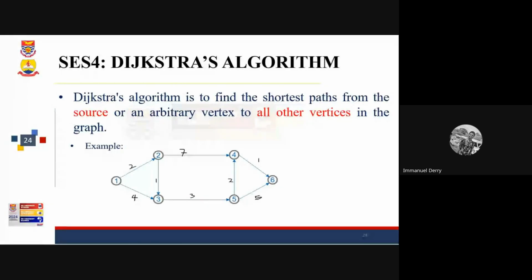Given all these vertices in here, which path is going to be the least if you try to navigate from this to this one? That is what the algorithm does. So we move from 1 to 2, 2 to 4, and then 4 to 6.